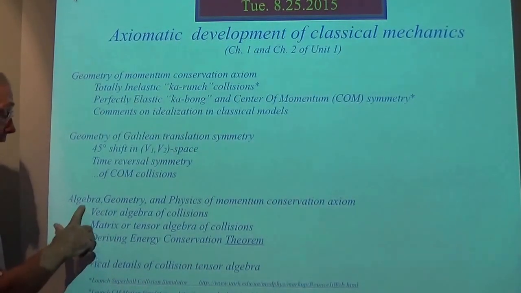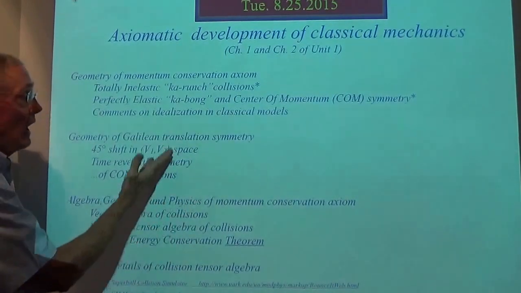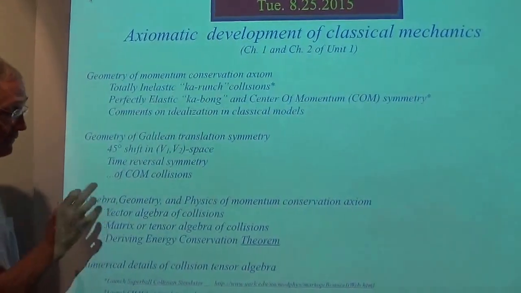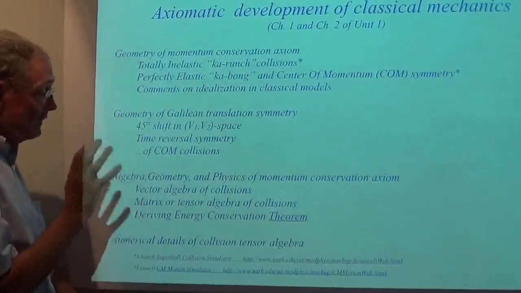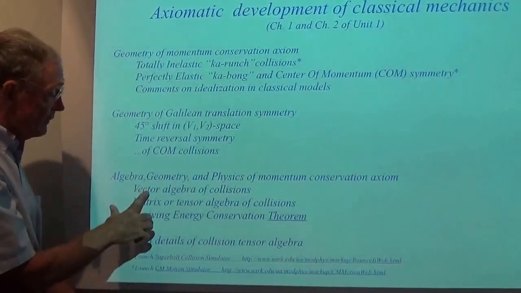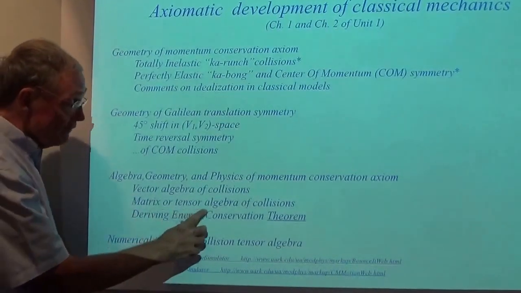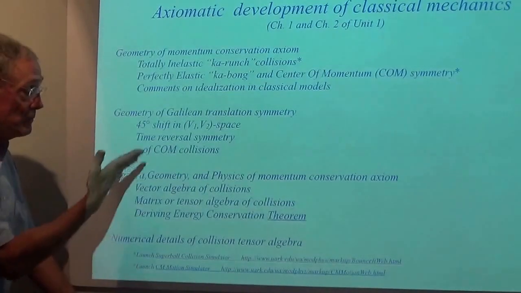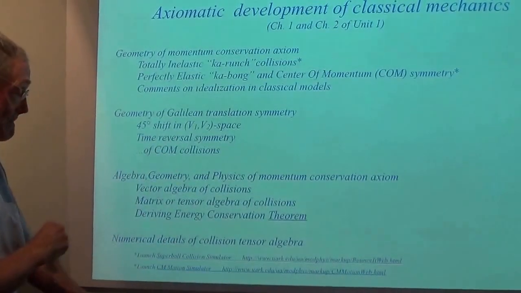And then I want to put this geometry in algebraic terms, and this is where our little exercise with two bodies, two cars, will give us the vector algebra for what we call a quadratic form. We're going to need a lot of those things. So this vector algebra, or really tensor algebra, because it's a quadratic object, will be the main topic of the last part of this lecture today.